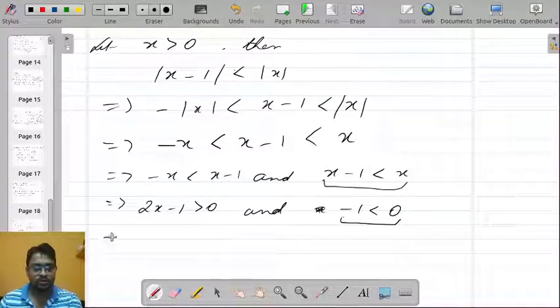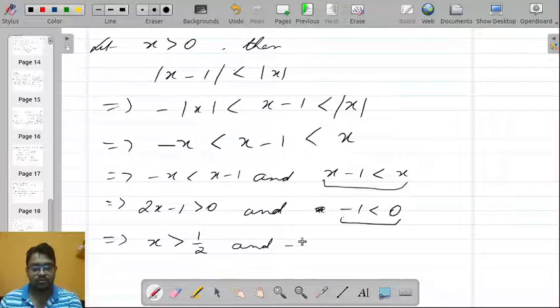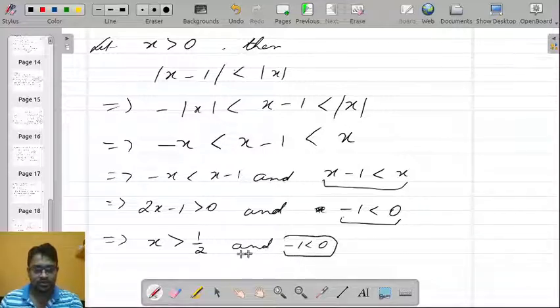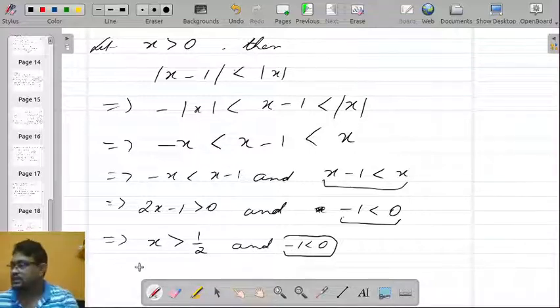Both of them will be true if x is greater than half and minus 1 is less than 0. Since this part is always true, the truth of this statement depends only on this part, x greater than half.